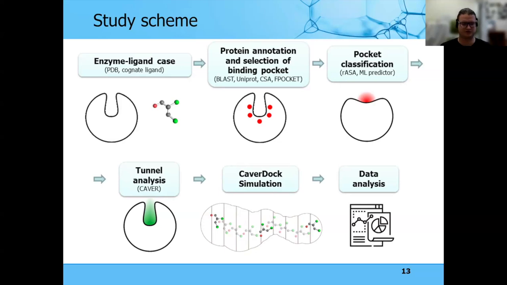This information was collected by Dr. Jan Tyzack from Janet Thornton's lab, and he published some papers related to this around 2020. And then we ran some tools and databases to find out the catalytic pockets or the putative catalytic pockets, which were then used for the tunnel calculation, and then also classified them using solvent accessibility and the machine learning predictor.